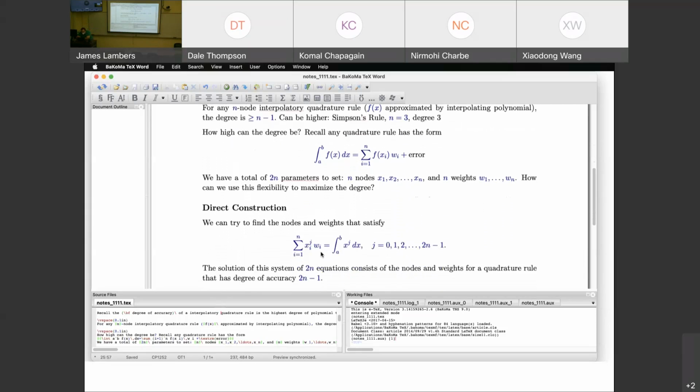So here I have my 2n equations. The right-hand side is the exact integral of x to the j, and the left side is the quadrature rule with unknown nodes and weights applied to x to the j.